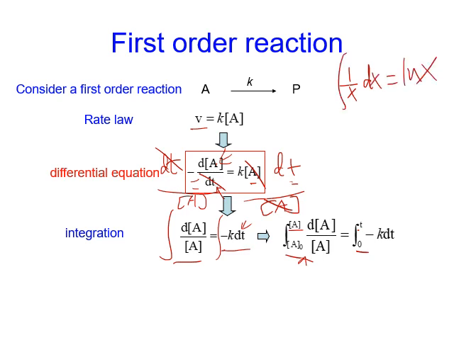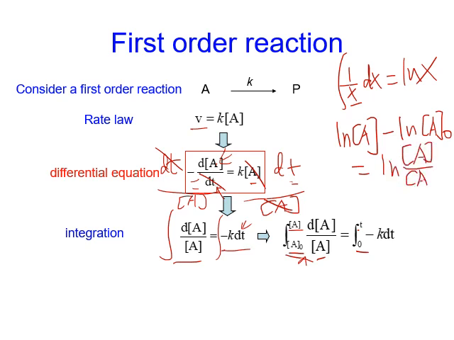Therefore, the left side, with x replaced by A, is ln A. It changed from initial to final, so we use final minus initial, which can be simplified as natural log of A over A0. The right side, negative k, is a constant. A constant's integration is just the constant times the variable, in this case t. So it's negative k times t on the right side.